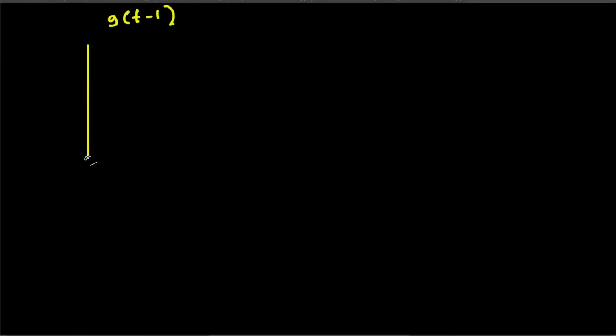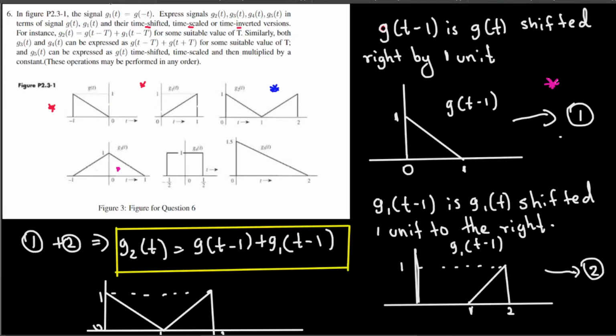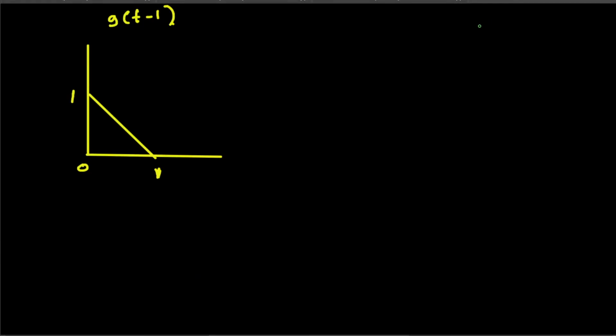The g of t minus 1 is the g of t graph shifted 1 unit to the right, and the height of the graph is 1, and then this is 0, and distance is 1. Now, if you look at the graph, we want to derive the height 1.5. To make the height 1.5 happen, you have to do an amplitude scaling. That is, basically you have to multiply the function by 1.5.